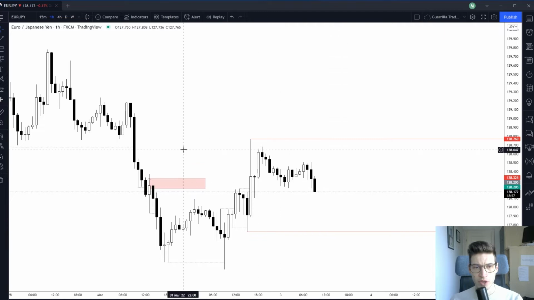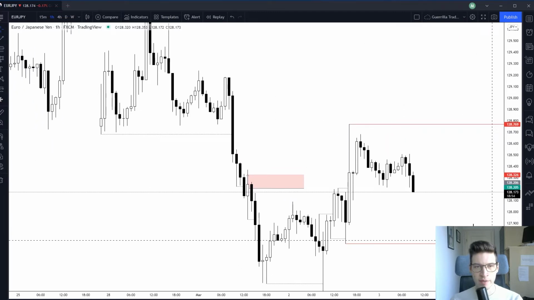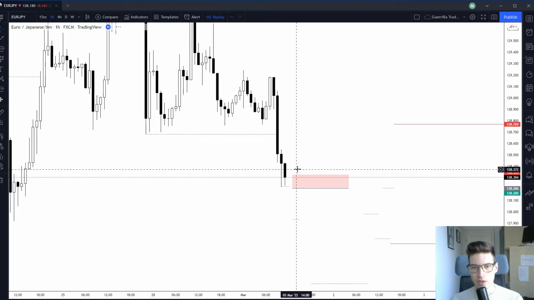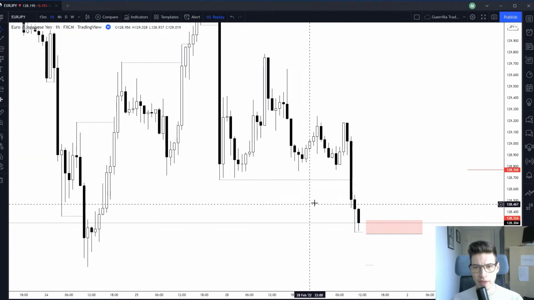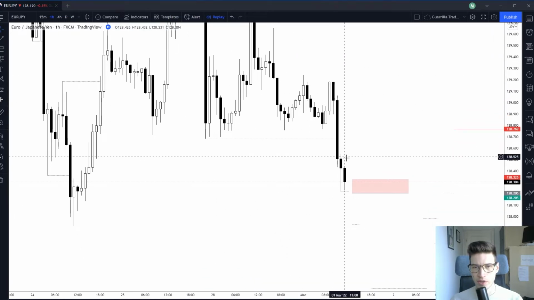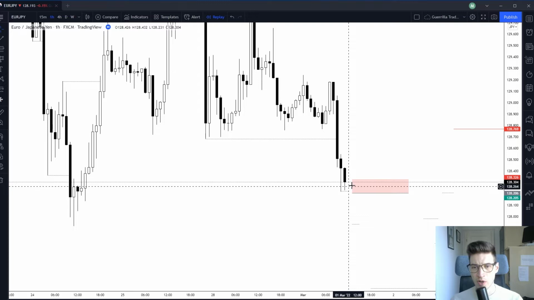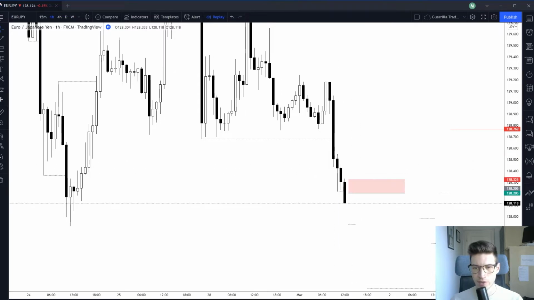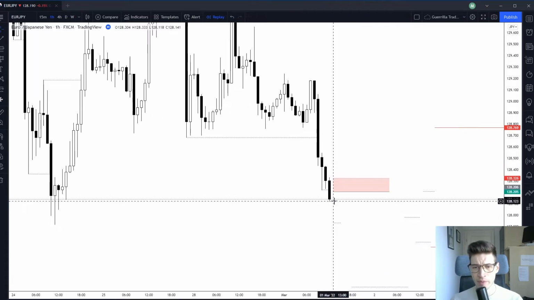So for the euro and the Japanese yen, I had a missed trade that I forgot to mention. It was right here. I was seeing a nice impulse down, large range, continuation to the downside, a small one candle pullback, and then we continued with the momentum.